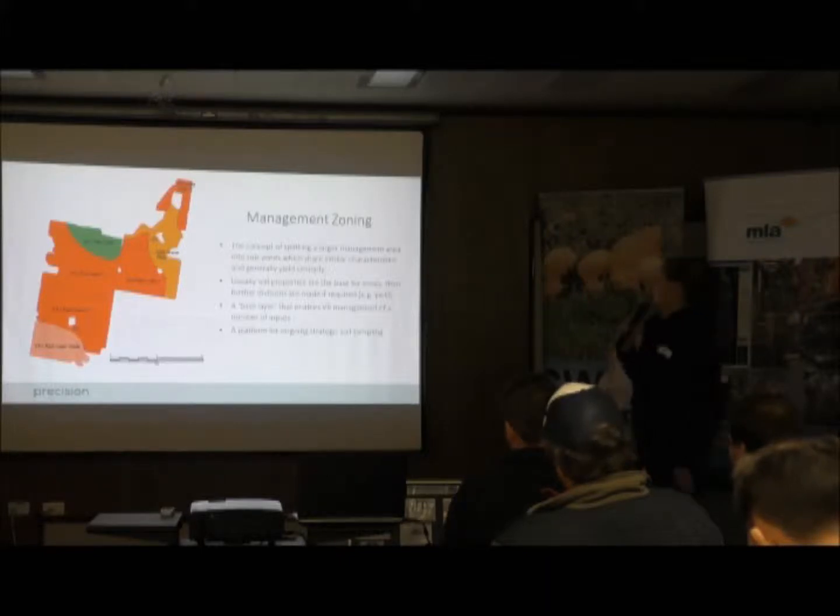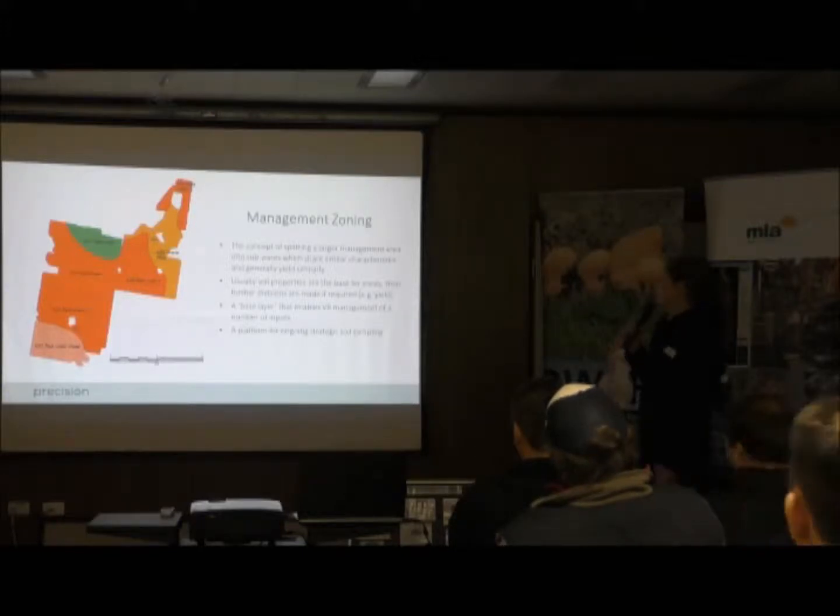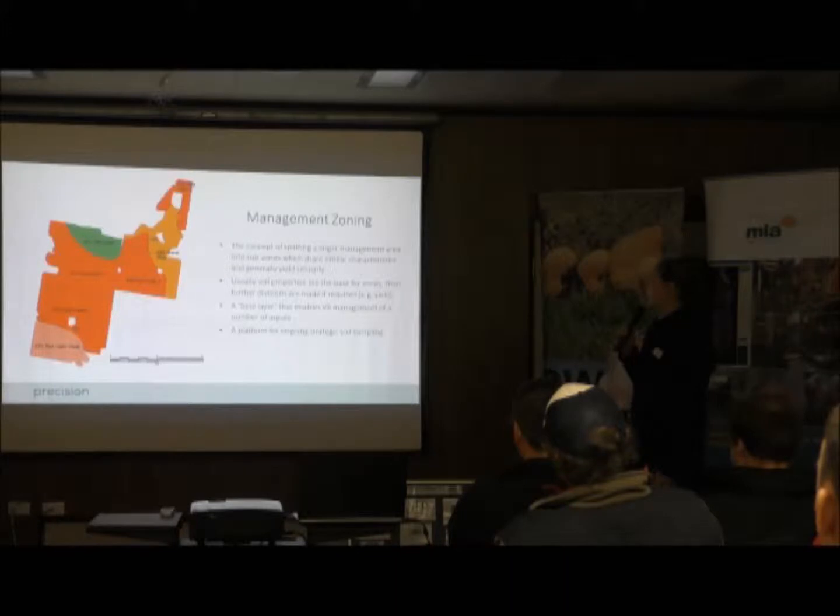Up the top, we've got a bit of a heavier and a bit of a depression where that clay loam is, so we've zoned it out on its own. And then we've got a bit of a gravel rise going through the middle. So we've got the 4 different management strategies for those different areas.